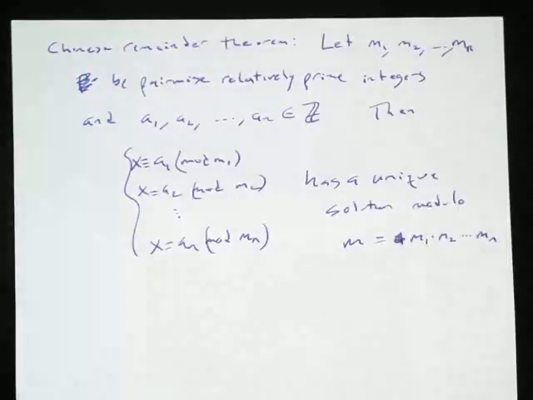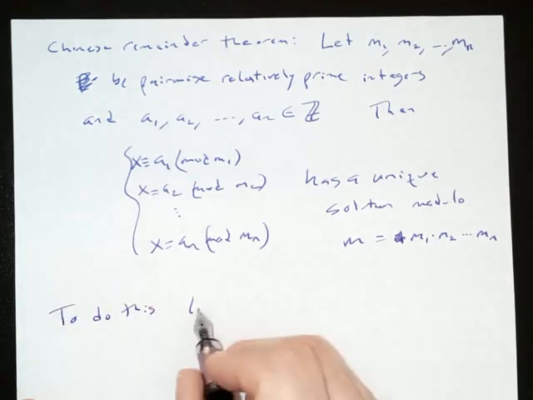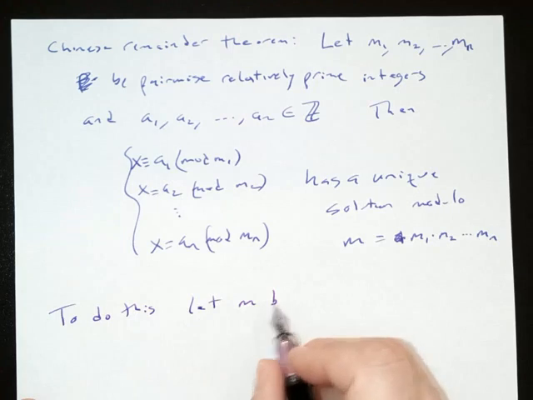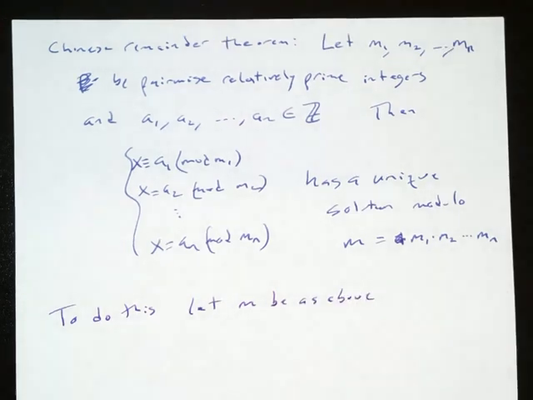I'm going to write this out in variables, and then I'm actually going to do the example we were just looking at. So the way we do this, we'll let M be that number right there.